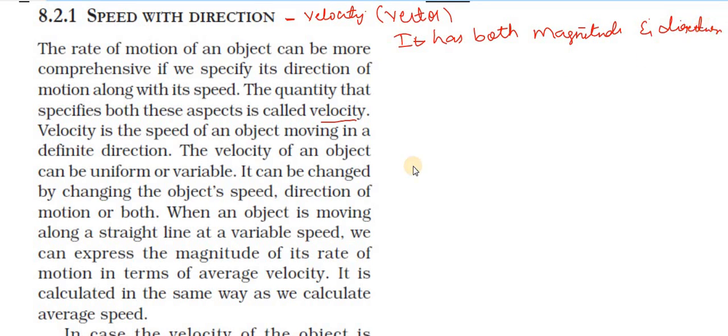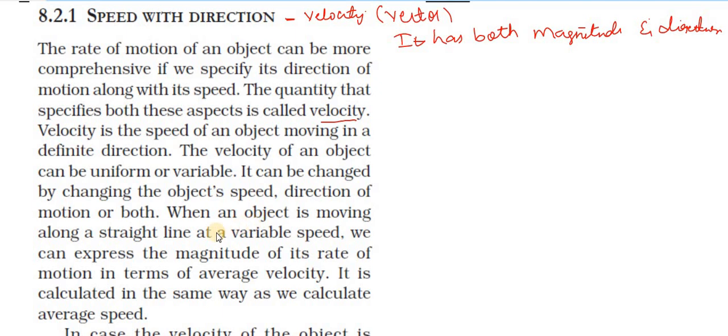Velocity is the speed of an object moving in a definite direction. The velocity of an object can be uniform or variable. It can be changed by changing the object's speed, direction of motion, or both.